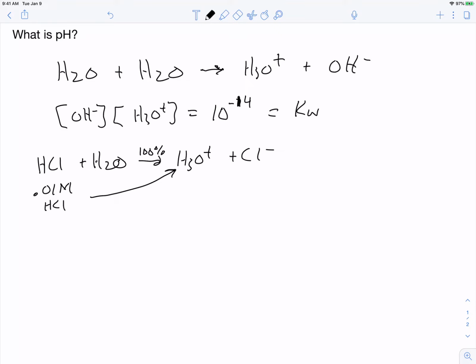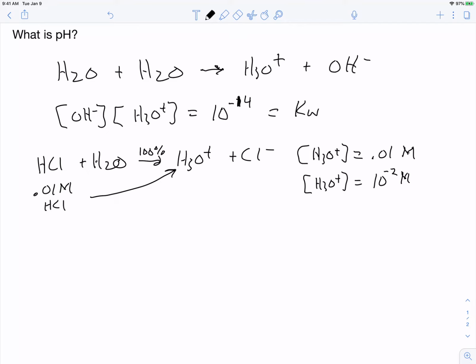So in reality, in this solution, the concentration of hydronium equals 0.01 molar. That, again, is because all the HCl has reacted. There's none left. So we say that the concentration is 10 to the minus 2 molar, and that's the concentration of hydronium.